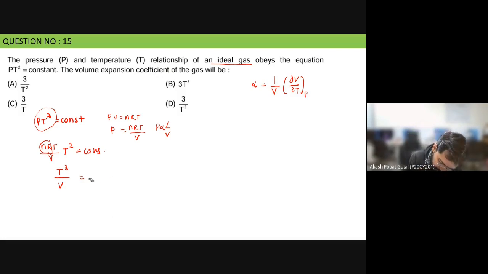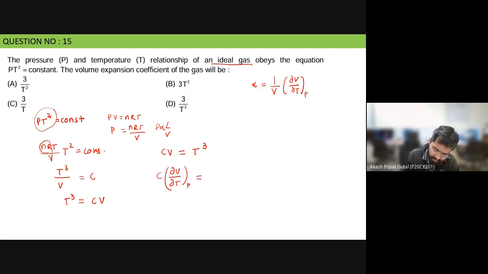Let's consider this constant as C. We have T cube is equal to CV. Now we somehow need to calculate del V by del T. We have CV is equal to T cube, so we can differentiate it. Del V by del T at constant pressure.